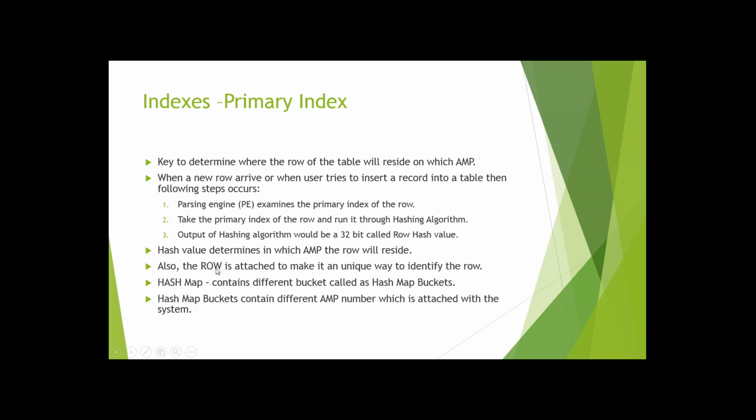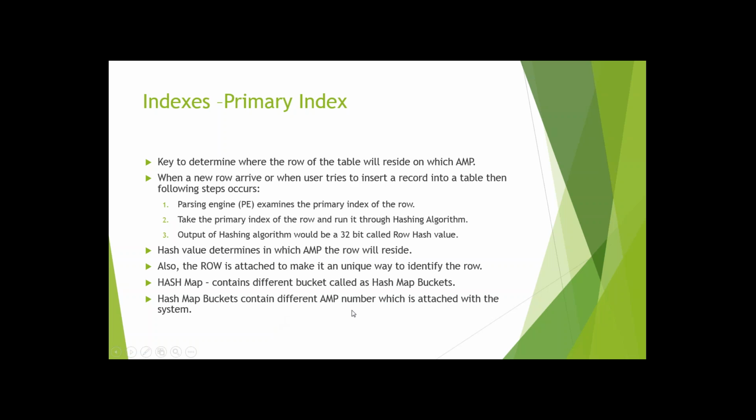What it does is every row, in order to make it unique, it creates another 32-bit. Now, there's something called as hash map. This hash map, all that it does is it just contains different buckets called hash map bucket. Hash map bucket contains different AMP numbers.